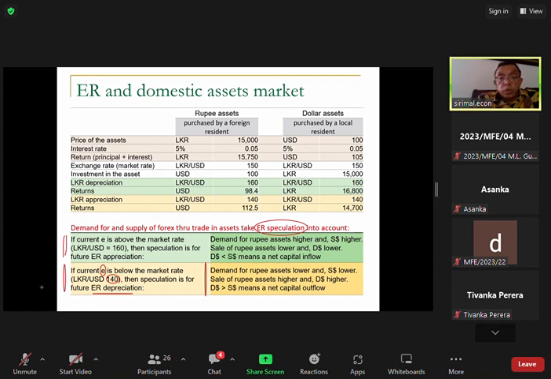So you saw both sides. Supply would be lower, demand would be higher, which means we have excess demand for dollars, resulting in a net capital outflow.